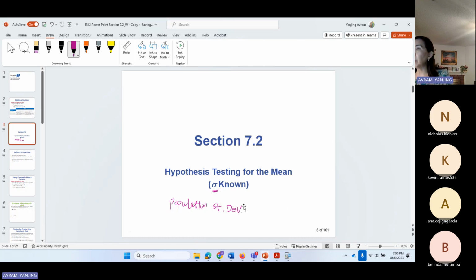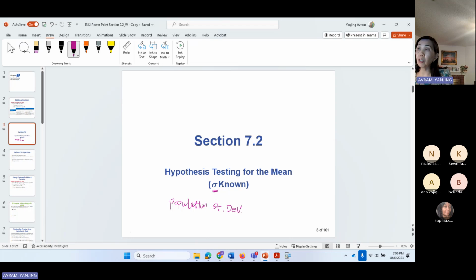So knowing the sigma is very, very important. Actually, this chapter and the last chapter are a little bit similar. When the sigma is known, we use the z-test. In the last chapter, when the sigma is known, we used the z-interval, okay? So this has something similar with the last chapter, which is the sigma.